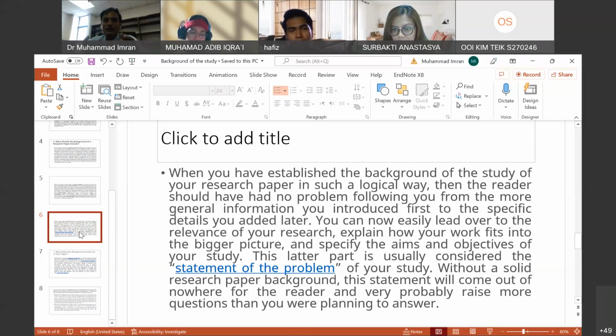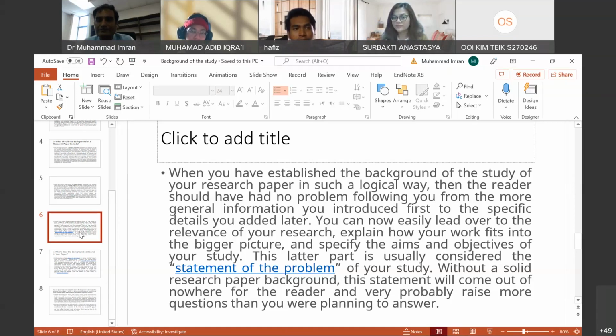We can discuss this in the background of study, but these days, due to the pandemic, employees are facing these kinds of issues. We can also discuss the specific issues faced by the employees, and these issues can be the cause of lower performance.